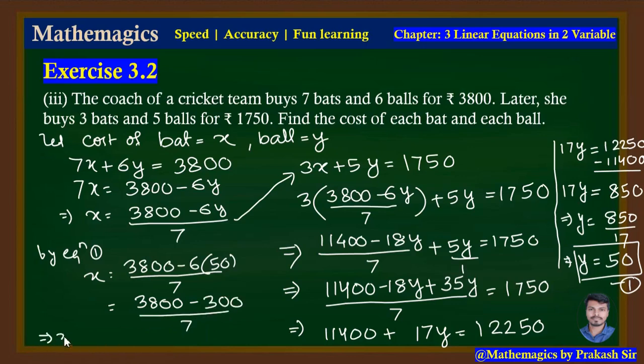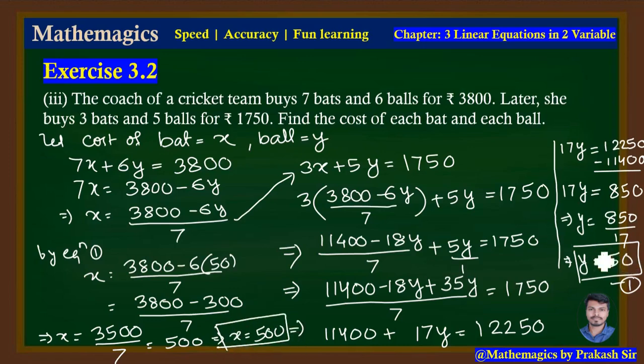This implies that x is equal to 3,800 minus 300, which becomes 3,500 divided by 7. Dear friends, we know that 7 times 5 is 35, then two zeros are there, that's why I'm writing 500. So finally, dear friends, x is equal to 500.